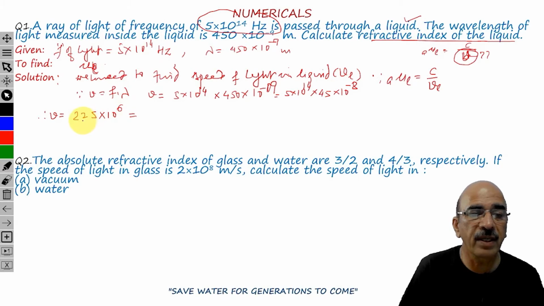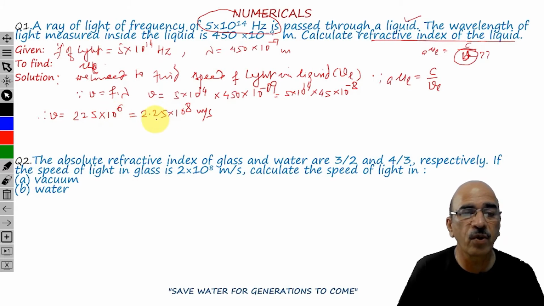Now we have to convert into absolute number here. It will be 2.25 into 10 raised to power 8 meter per second. So here what has been done, it has been divided by 100 and it has been multiplied by 100. So divided by 100, so it comes 2.25. Multiply जब हुआ तो it becomes 10 raised to power 8.